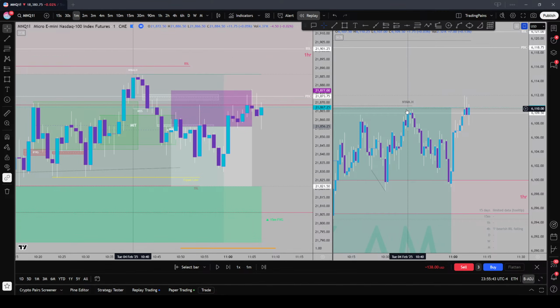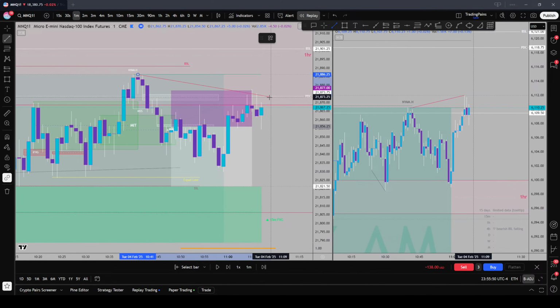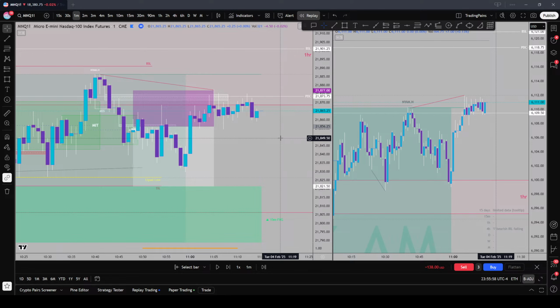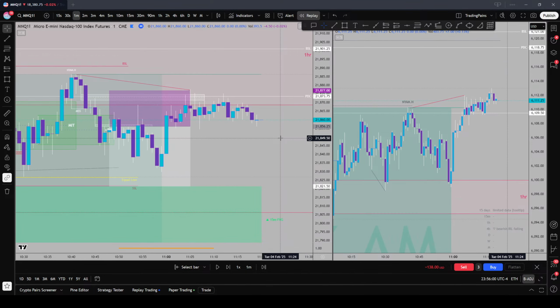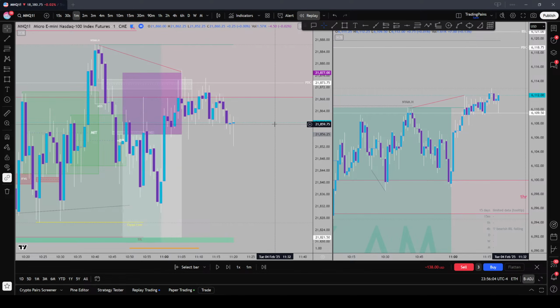And also, another SMT right here, huh? See that red? Kind of tricky, but it came back into this area. The heck? Just go forward in time. First trade's always a loss.